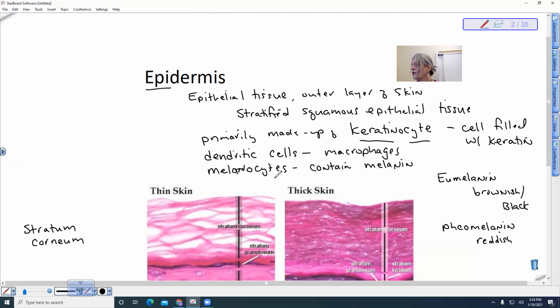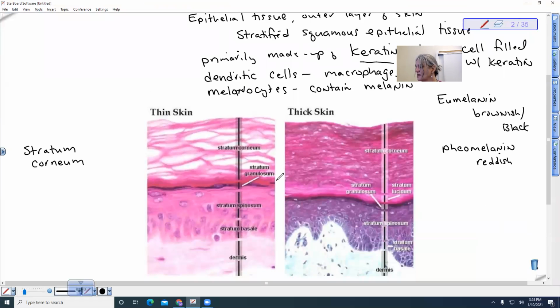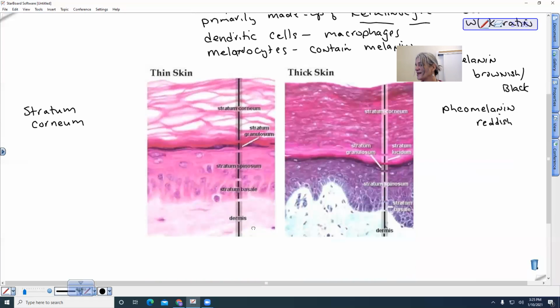Okay, so if we look at the other cells, we have these basal cells. And the basal cells are what give rise to the other cells. So in the stratum basal layer, those are the ones that give rise to cells. Those are the ones that are undergoing mitosis.